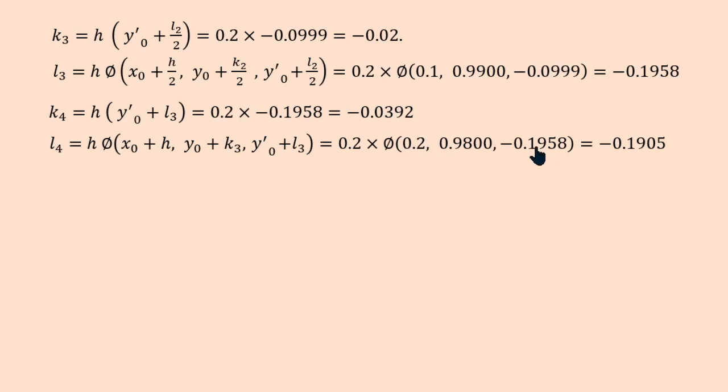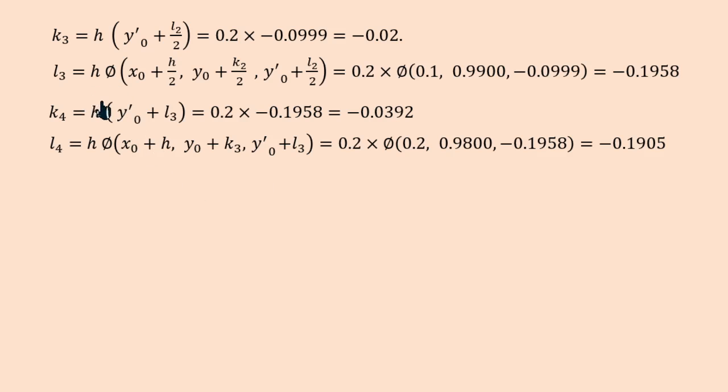Phi of x, y, y dash is x y dash square minus y square. Therefore, 0.2 into, inside the bracket, 0.2 into 0.1958 square, minus square is plus, and then minus 0.98 square, close the bracket. You get this L4 value.